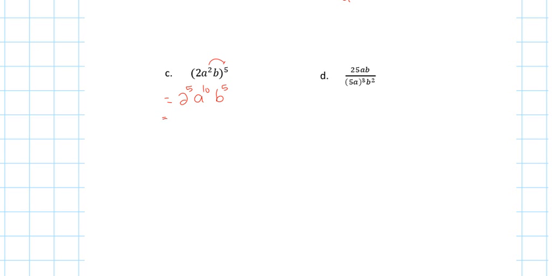It's 2 times 2 times 2 times 2 times 2. 2 times 2 is 4, times 2 is 8, times 2 is 16, times 2 is 32.